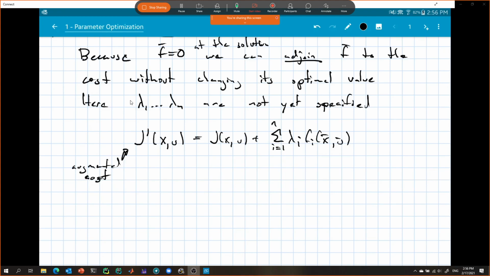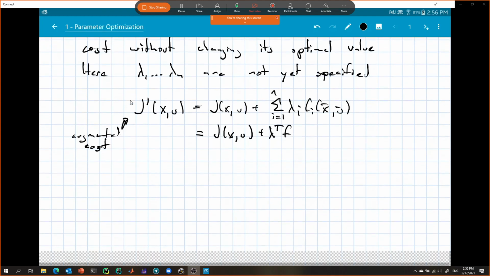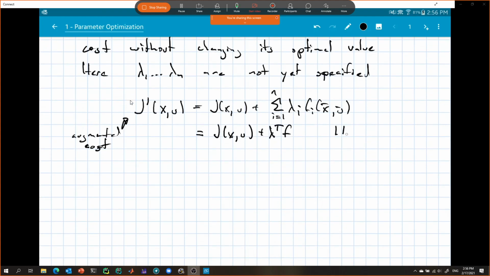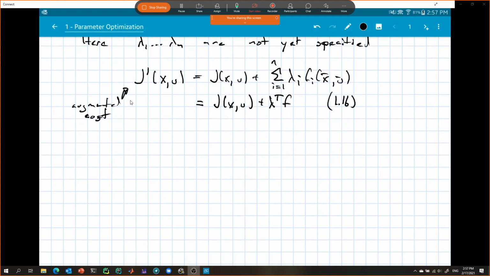Okay, and we can make this into vectors for convenience: plus lambda transpose f. Let me call this 1.16. So, like you could expect, we concern ourselves with differential changes.